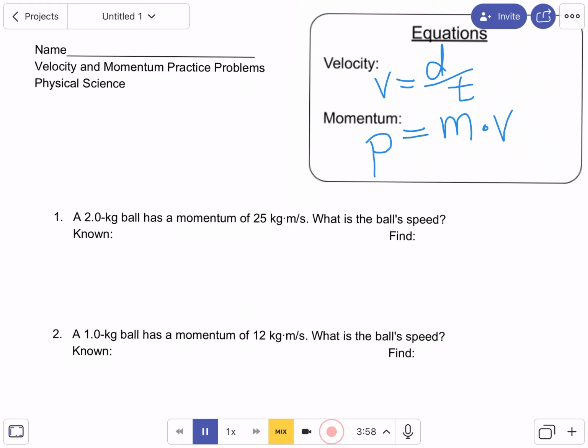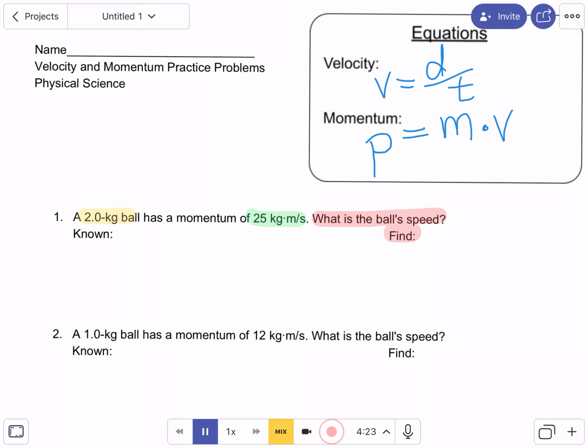So the first thing I do, just as habit when I'm doing a word problem, even if I already know how to do it, is that I highlight or I circle all of the information that they've given me. So I'm just going to highlight that. And then the last thing that I always do, and I've put for you here to do, is that I show what the question is. What am I looking for?